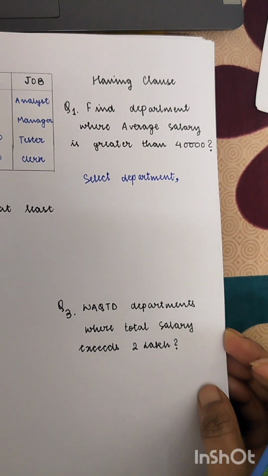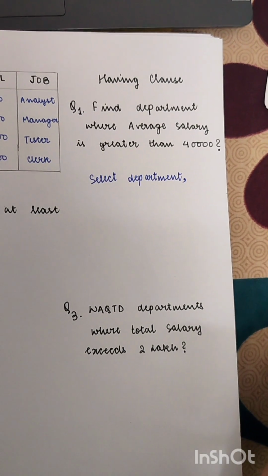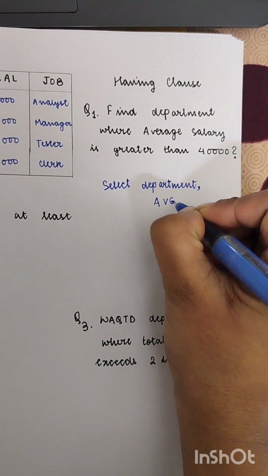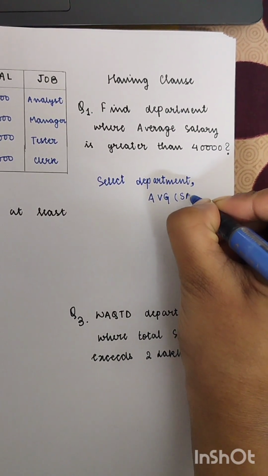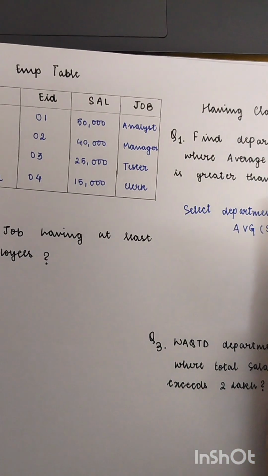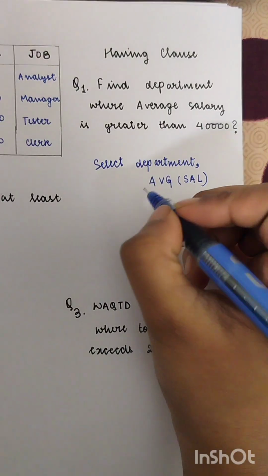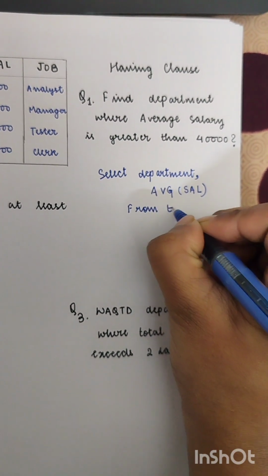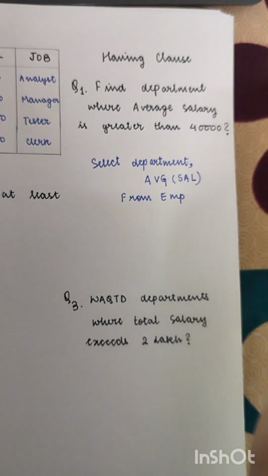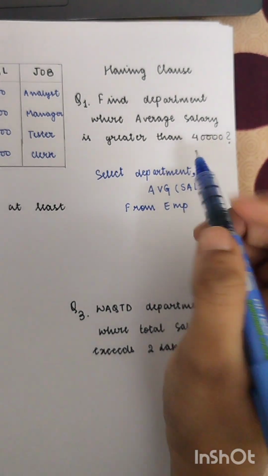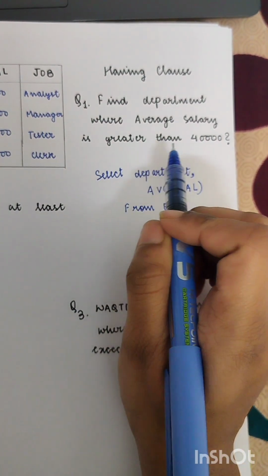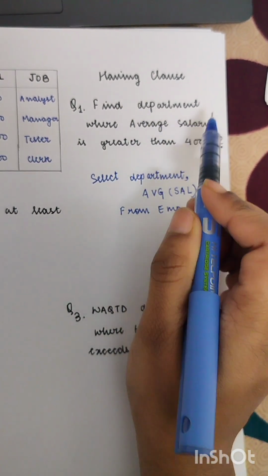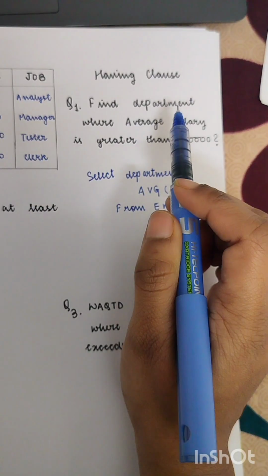Then we have average salary. So this is the aggregate function. So we will write here aggregate function, average of sal. Now from where? So we want from EMP table. Now we have to find the average salary is greater than 40,000 in the department. The department is the thing where it has to be grouped.